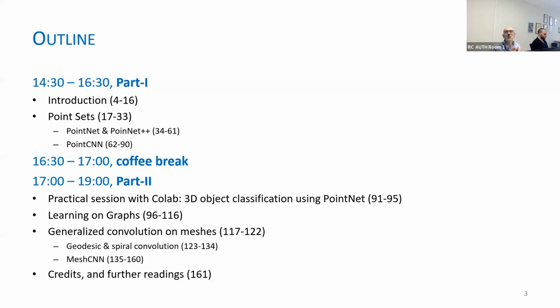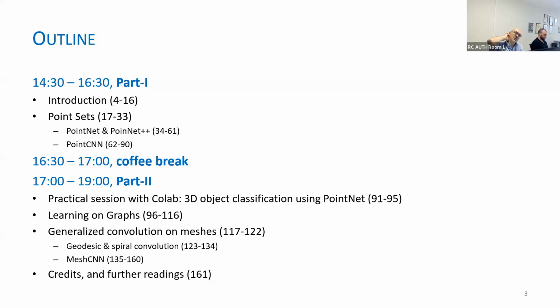I would like to show you a Colab implementation of PointNet for 3D object classification. Then in the remaining part of the talk, I will introduce solutions for learning on graphs. As a particular case of graphs, we will look into meshes. I will present a couple of solutions, in this case geodesic convolution and spiral convolution.